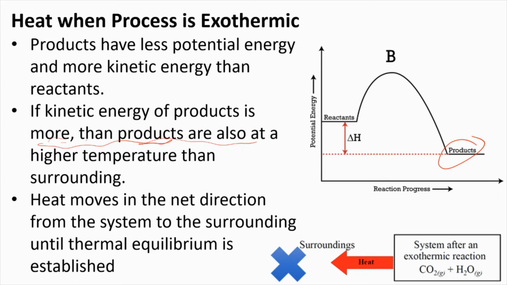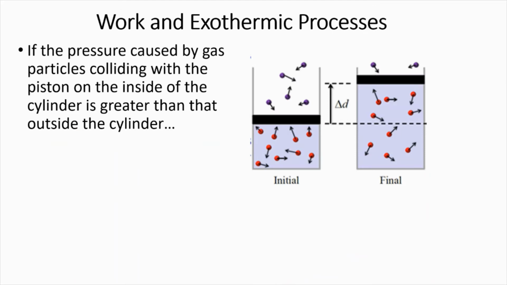Temperature is the average kinetic energy. So in this case, heat is moving from the system, the reaction itself, to the surroundings. And this will happen until thermal equilibrium is established, meaning we have a rate of transfer that is the same.